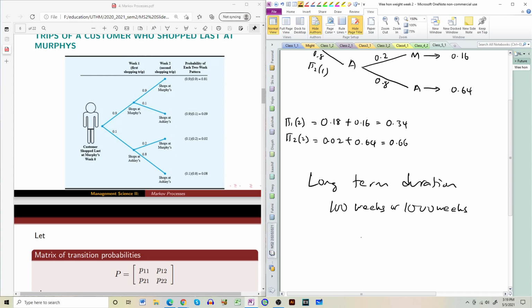In long weeks, that is known as the probability after a long week. This one is after 2 weeks, is it? 2 weeks after a long period. After a long period, 1000, 100, maybe 200, 2000, 20,000 weeks.